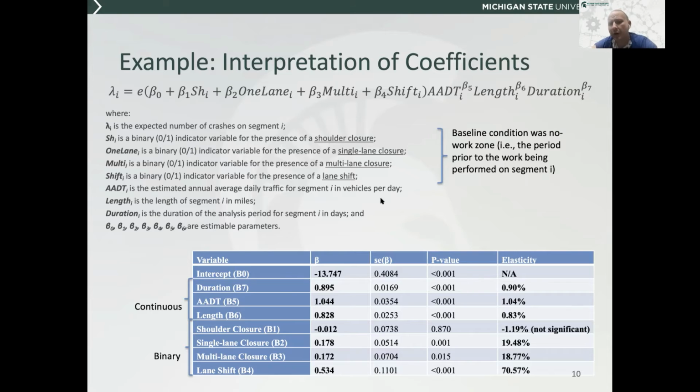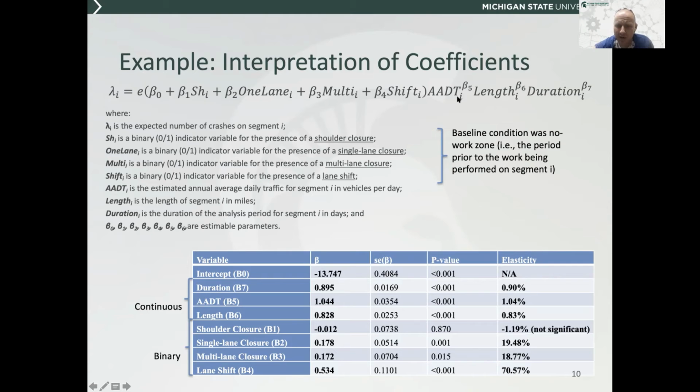Now, as a part of that, we have 3 other variables of interest: the traffic volume at that site, the segment length, and then the duration of the analysis period. That would be based upon what the duration of the construction projects were. And so obviously, if the project was in place for a month or a year or a day, those would have marked differences or impacts on crash rates.